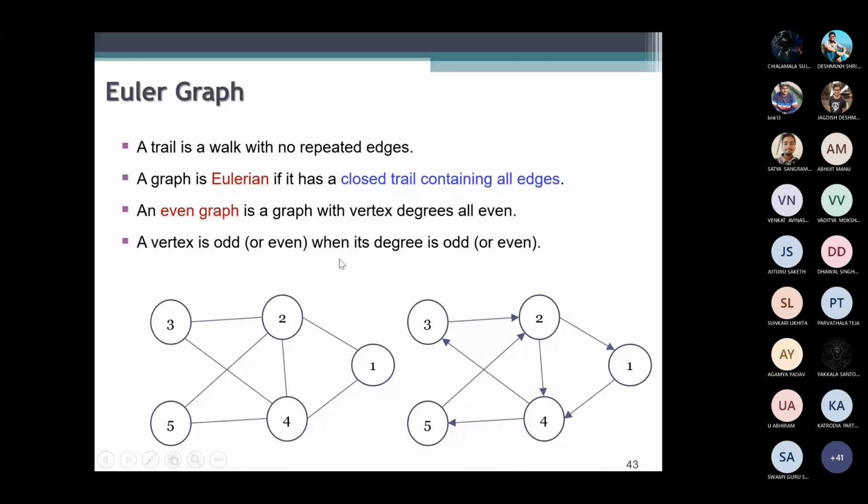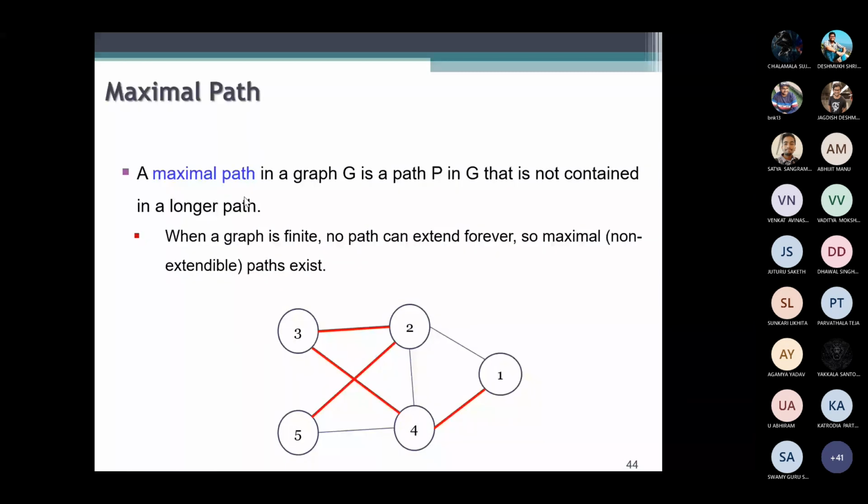Now, maximal path. A maximal path in a graph G is a path P in G that is not contained in a longer path. This is a very important definition, and you will find that there are several proofs that depend on this definition.